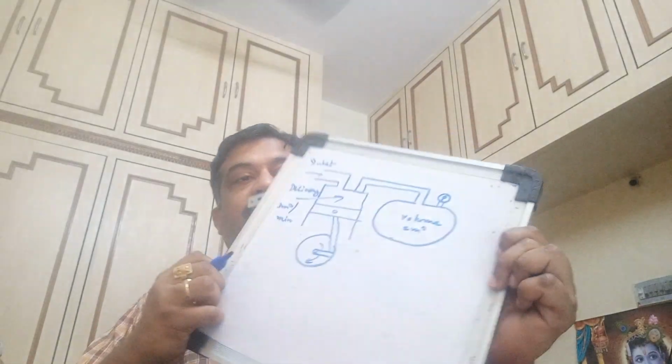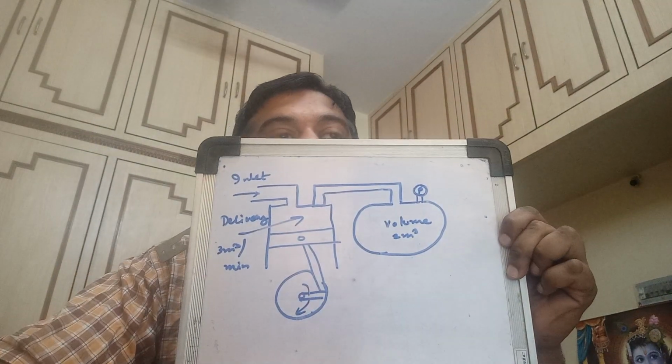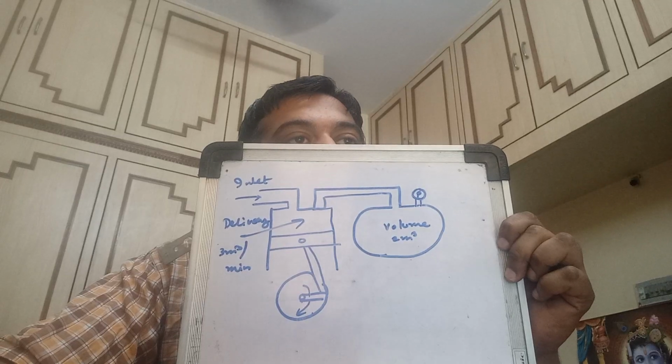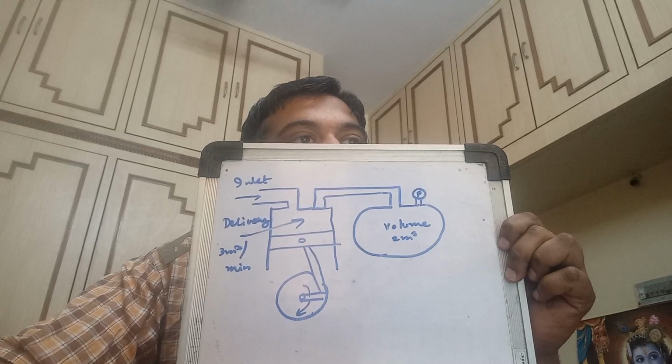This is the delivery, 3 meter cube per minute, and then this is the inlet. So this is the system I am considering.